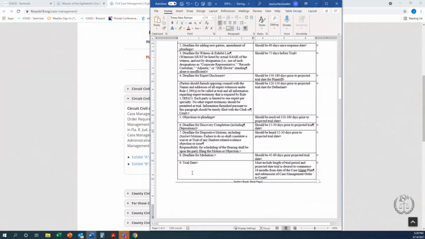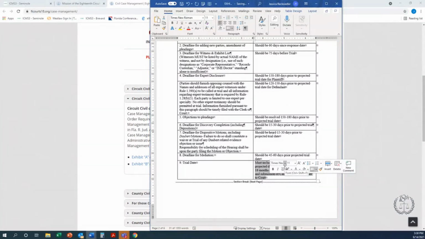The last part where it indicates the trial date should be filled in, and the trial date, if it's a general case, should indicate a specific month and date. Now, realizing that Seminole County does not have specifically a docket that may be 18 months out at this point, what would happen is if you place a date in there, we will of course attempt to place the trial on the trial docket that is closest to that date.